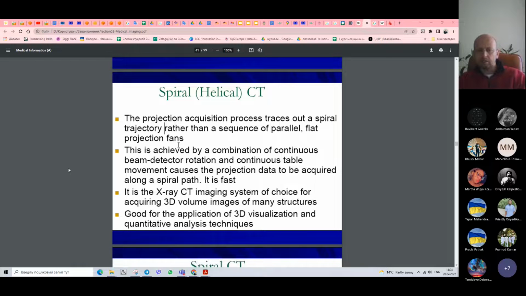It is fast. It is the X-ray computer tomography imaging system of choice for acquisition of 3D volume images of many structures, good for the application of 3D visualization and quantitative analysis techniques.